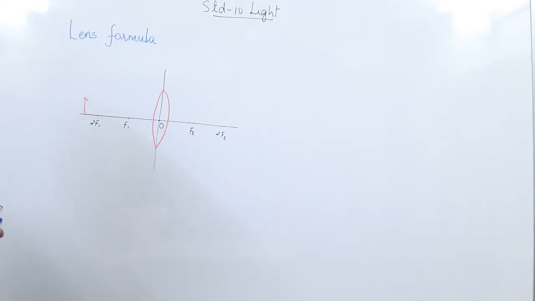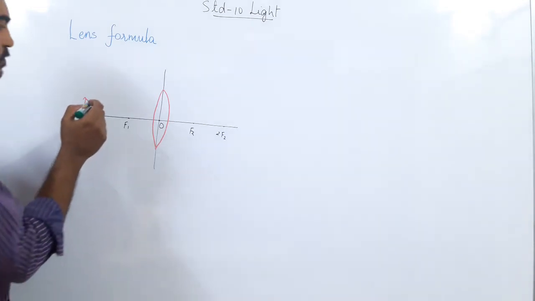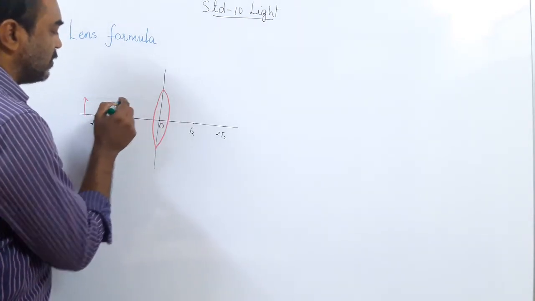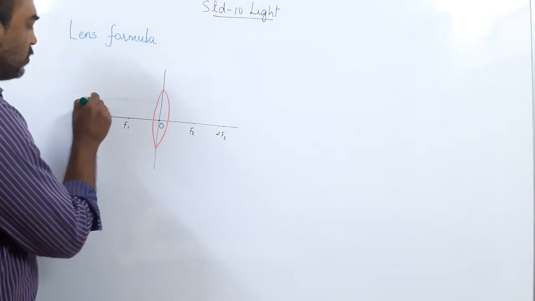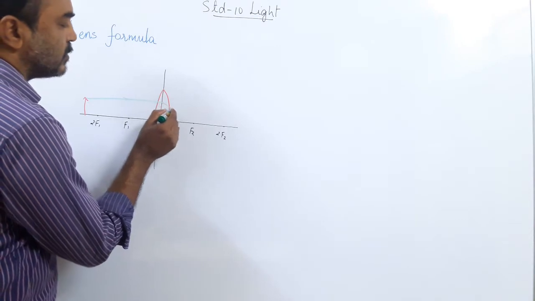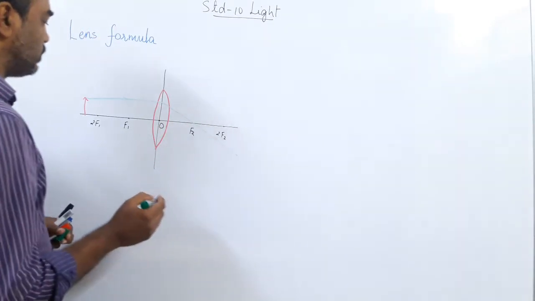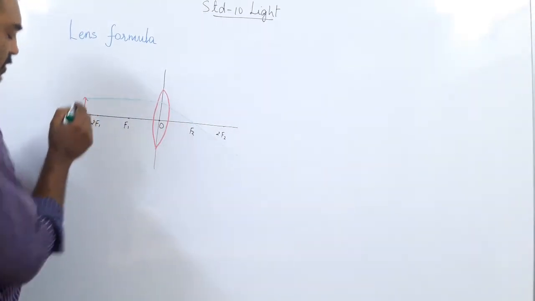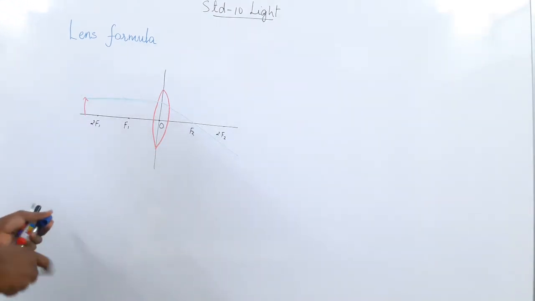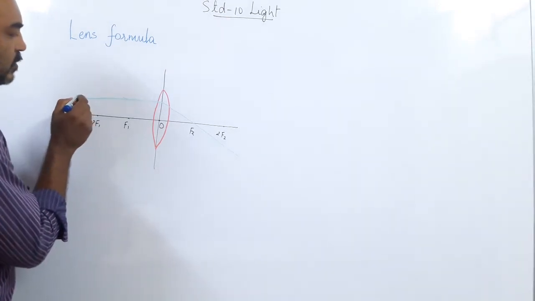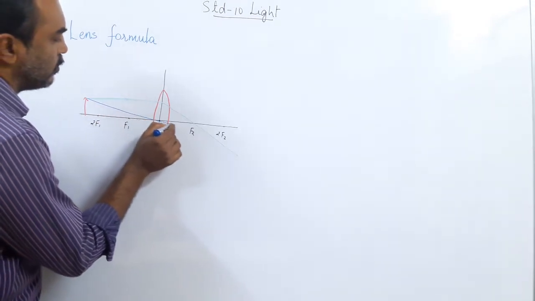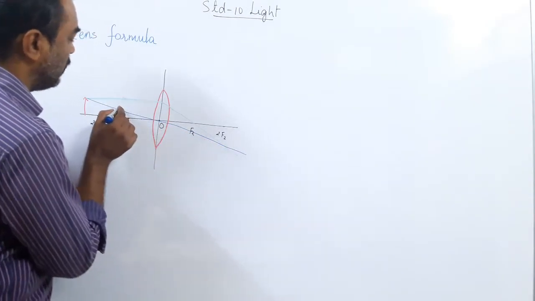If we follow the rules, then we have the ray of light which is parallel to the principal axis. After refraction, it passes through the focus, and the one passing through O keeps on continuing through O.